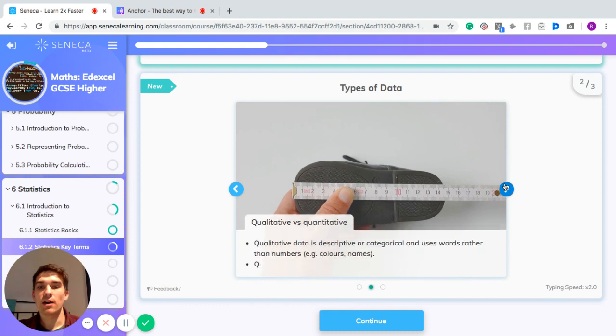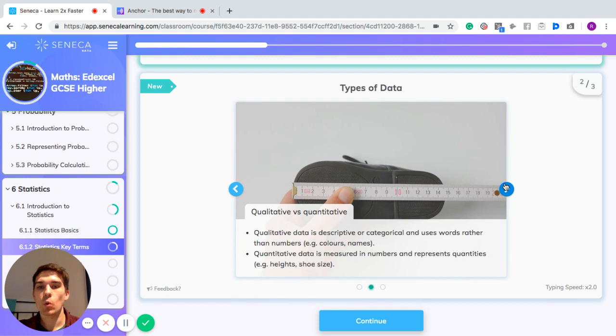You also need to know about qualitative and quantitative data. Qualitative data is descriptive or categorical and uses words rather than numbers, for example, colors or names.